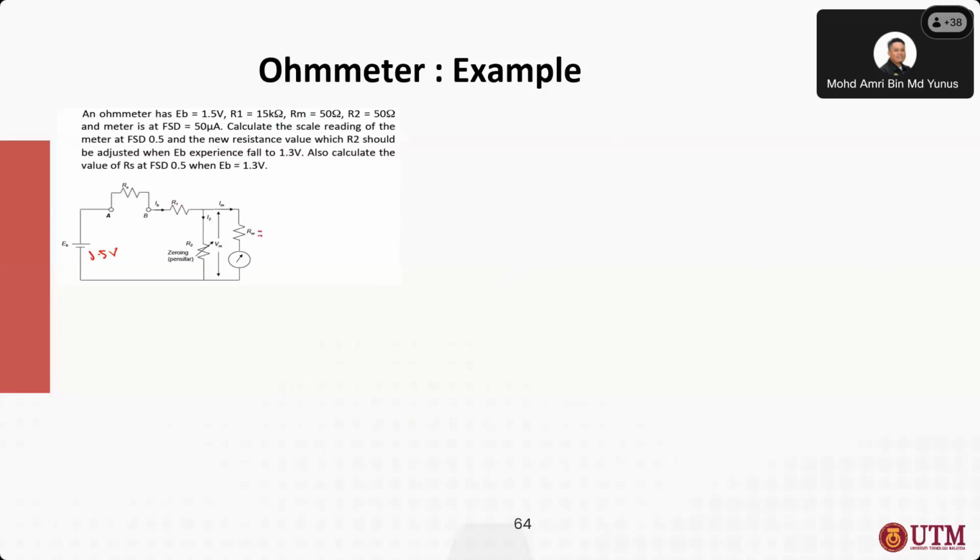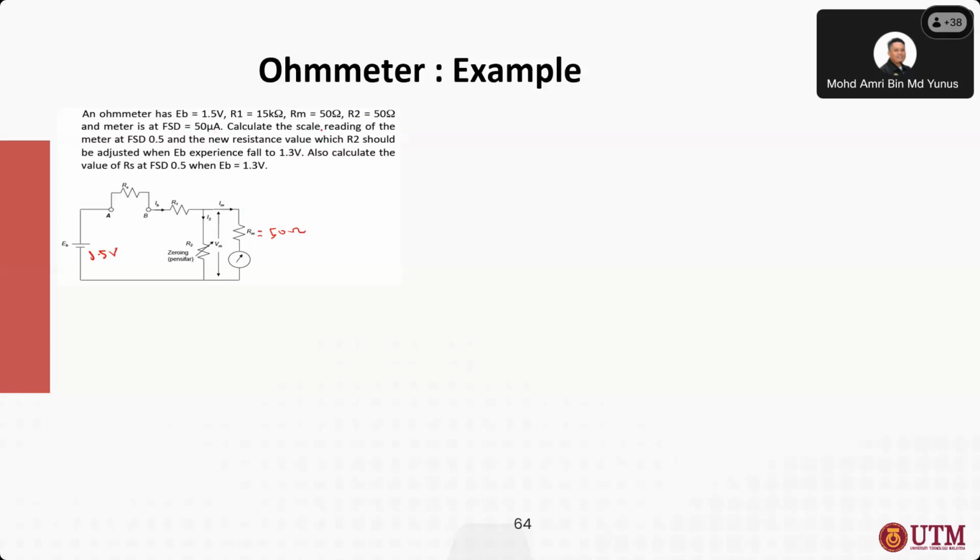We have here our PMMC with 50 ohm internal resistance, and here our zeroing resistor is 50 ohm at full scale deflection, or 50 microampere.